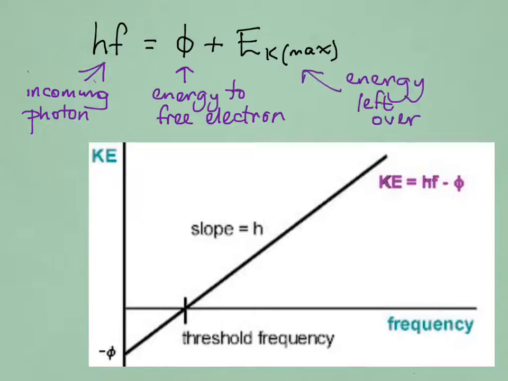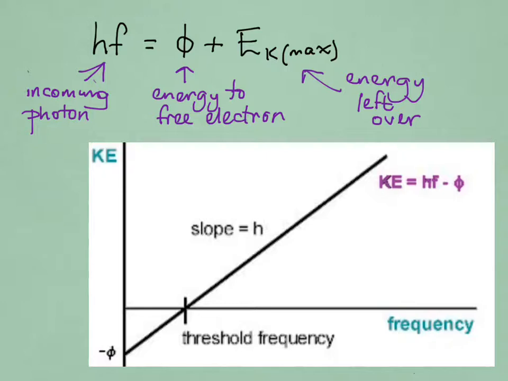And any spare energy left over becomes the kinetic energy of the free electron. So that sort of does it in sequence. As I say, the equation for the graph is just written the other way around with kinetic energy as the subject.